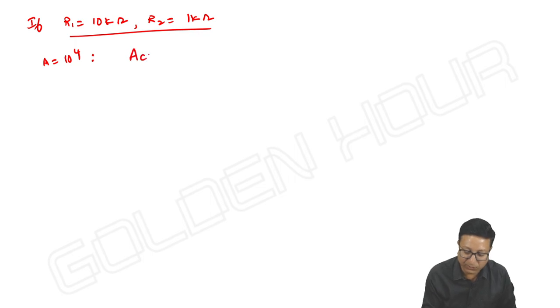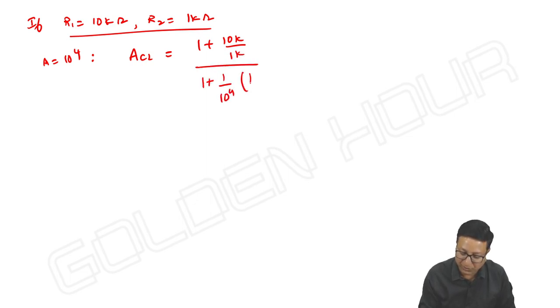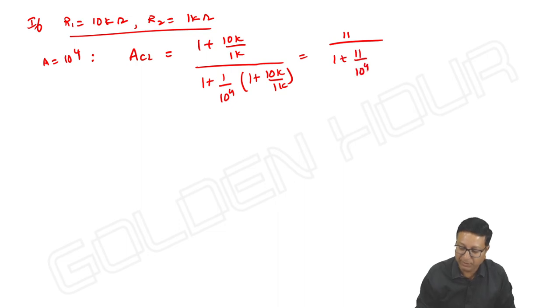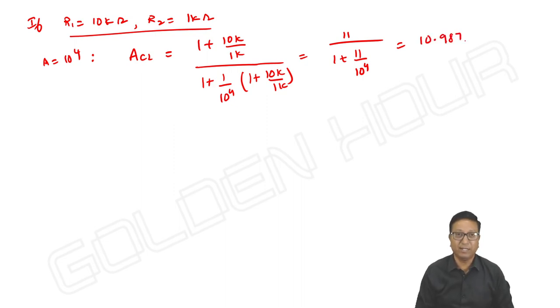If that is the case, what is the closed loop gain? It is equal to (1 plus 10k by 1k) by (1 plus 1 by 10 power 4 into (1 plus 10k by 1k)). It is equal to 11 by (1 plus 11 by 10 power 4). If you calculate it, you will get its value around 10.987.